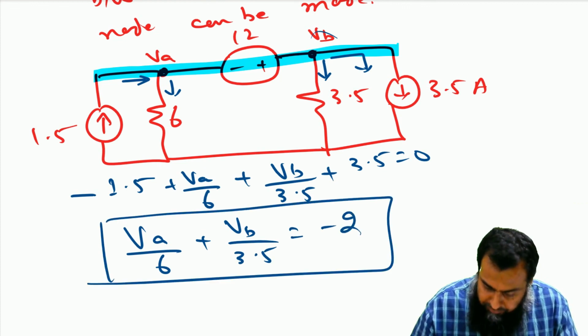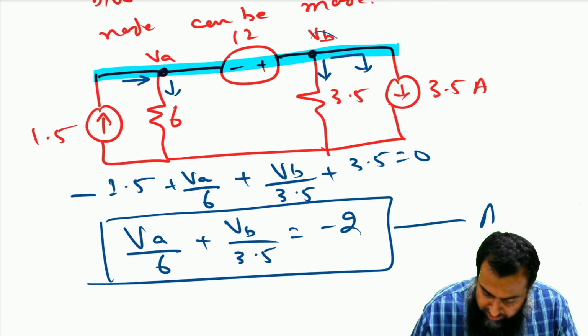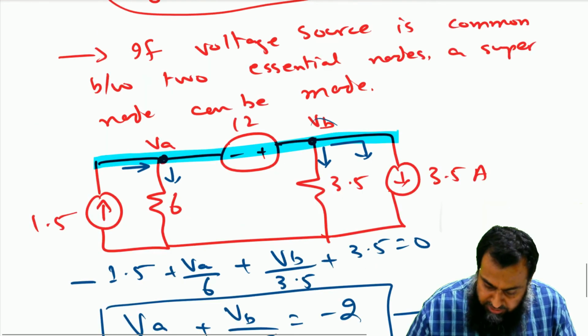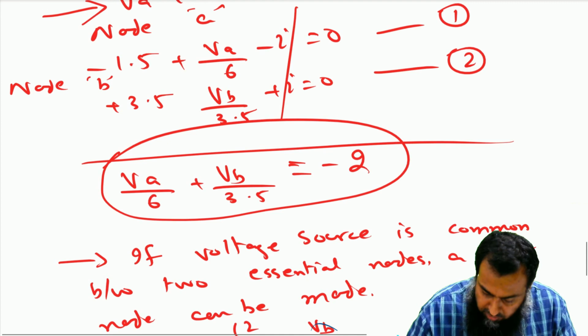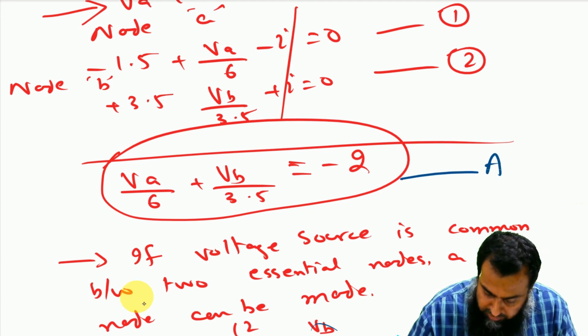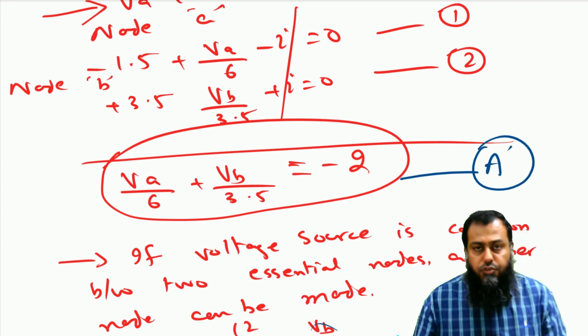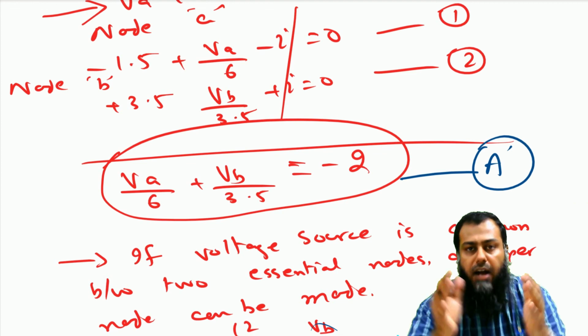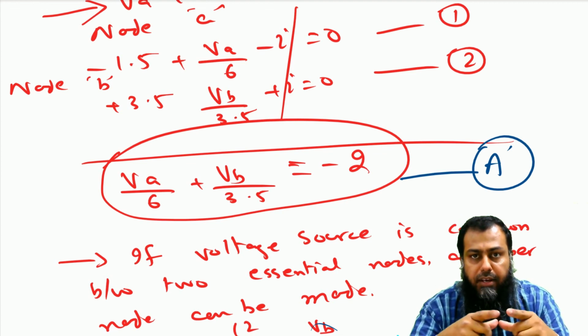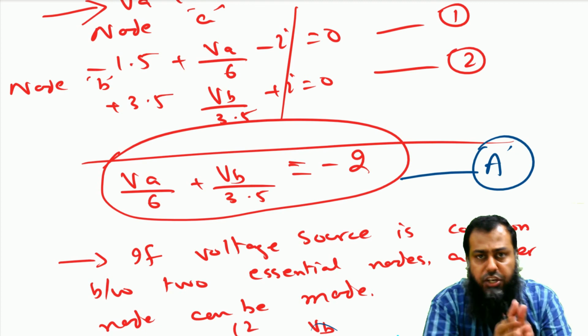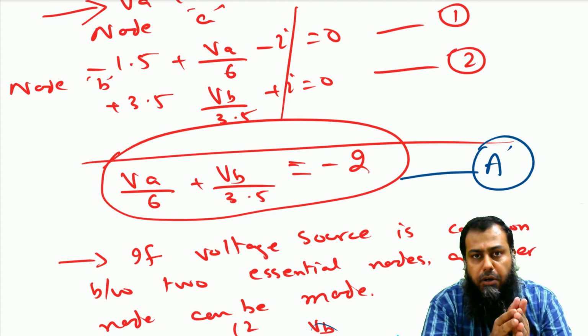If you see here, this is essentially the same as the earlier equation, let us call this equation A prime. So you see that if we have a voltage source common between two essential nodes, we can create a super node that further simplifies our given circuit.